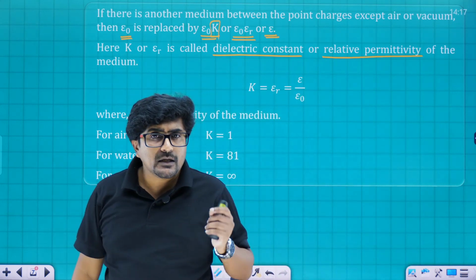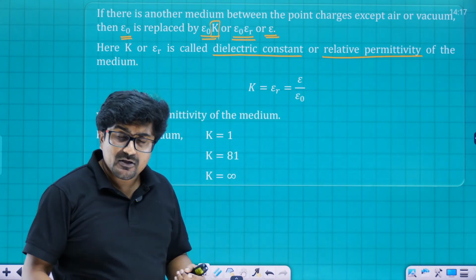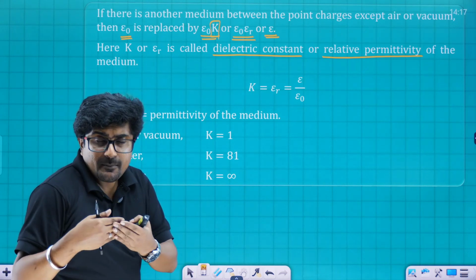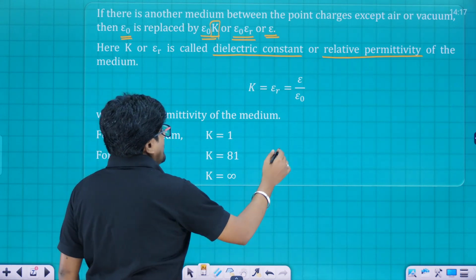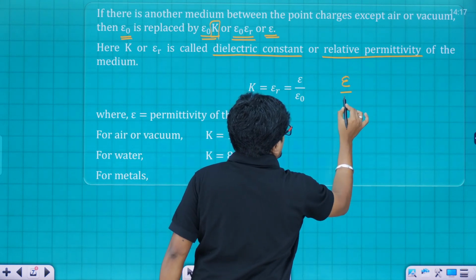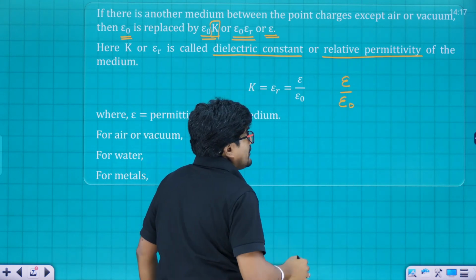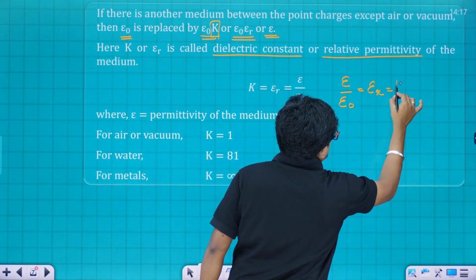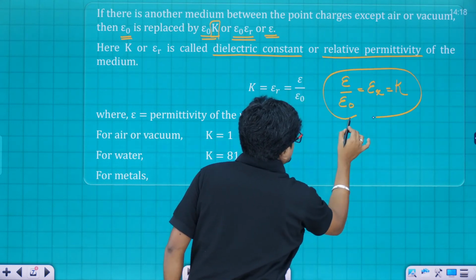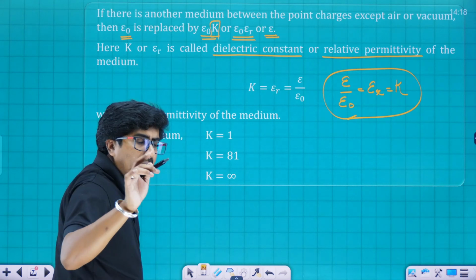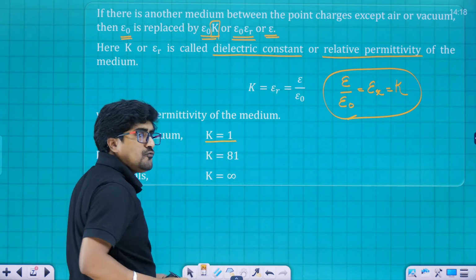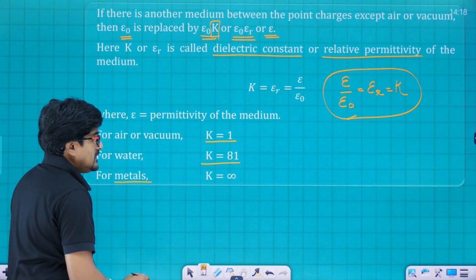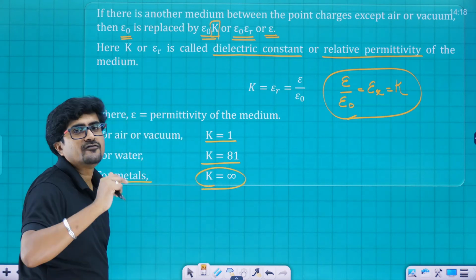The relative permittivity of any particular medium is the permittivity of the medium upon the permittivity of air or vacuum. That is what we call relative permittivity, also called the dielectric constant. For air, dielectric constant is 1, for water it is 81, and for metals it is infinity.